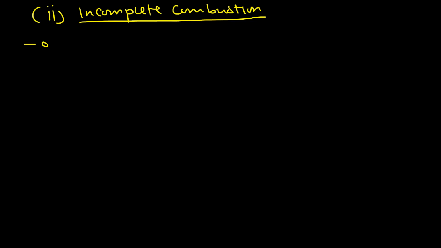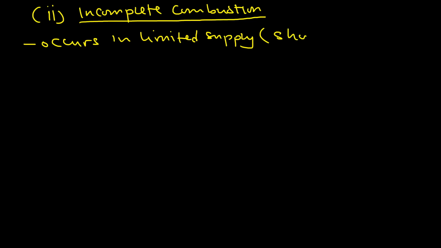The terms used are limited supply or short supply. When you find such terms, limited supply or short supply of oxygen or air, just know that incomplete combustion is occurring.